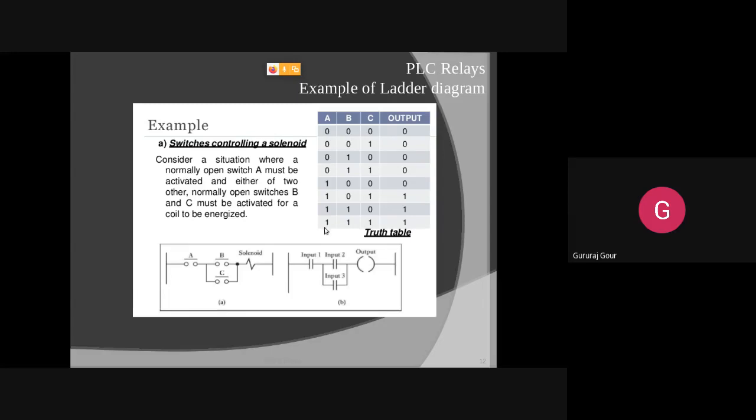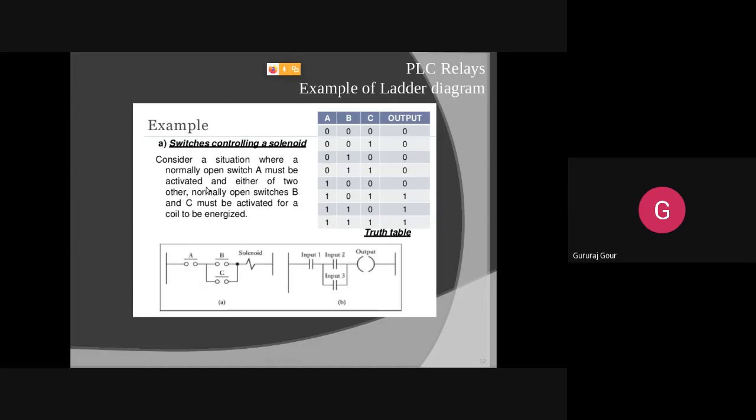Consider a situation where a normally open switch A, so this switch is normally open, will be closed only when you apply the input. That is the meaning: normally open means the switch is open normally, generally. When you apply the input, it will be closed.